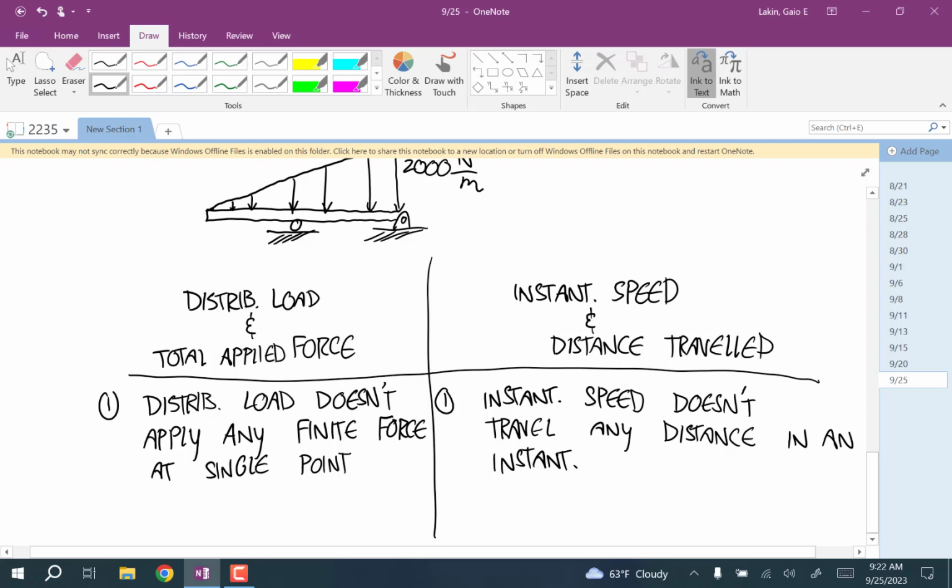So how does a speed, something moving at a speed, travel a finite distance? Well, there has to be some time interval that there's a speed, okay? Like if you say, what's the distance traveled over 1 second, then okay, then you can integrate over that time and you do get a finite distance traveled.